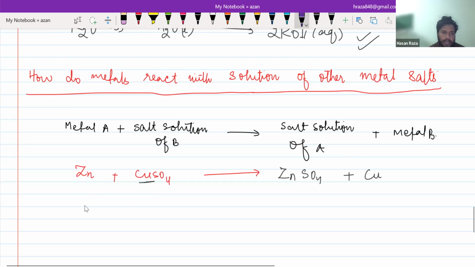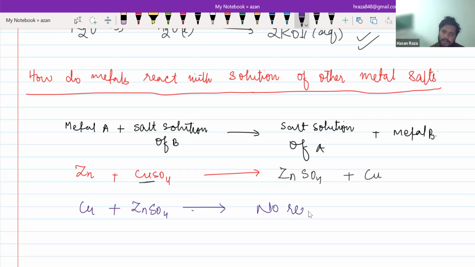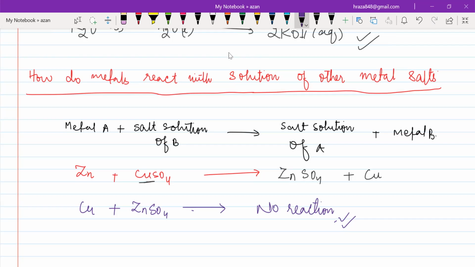If you react copper with ZnSO4, then no reaction will take place. So how are we going to define whether a reaction will take place or not? First write it, then I'm going to write the reactivity series, from where you can easily predict whether the reaction will occur or not. Please write.